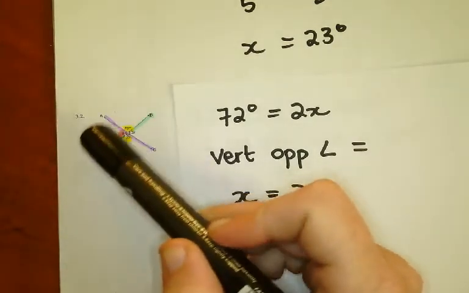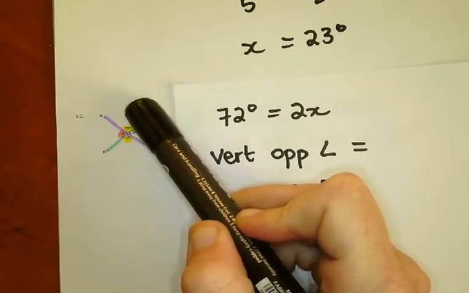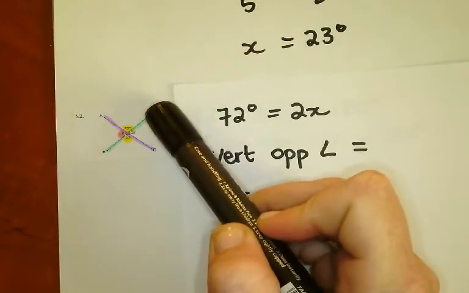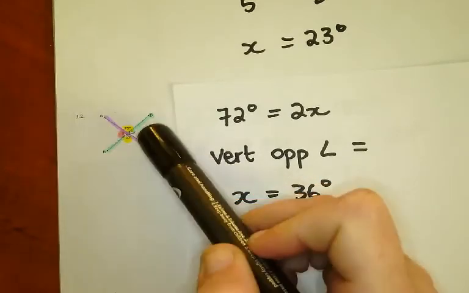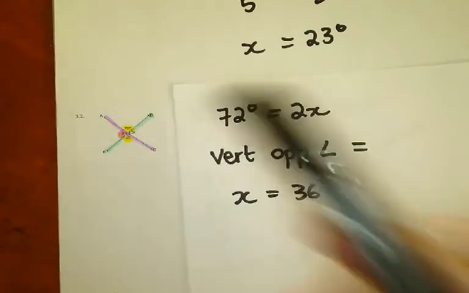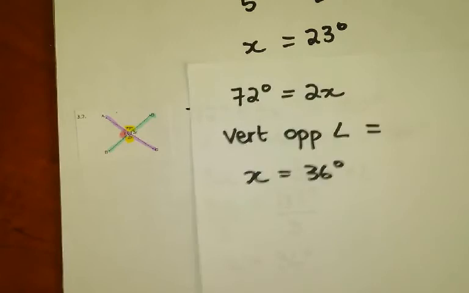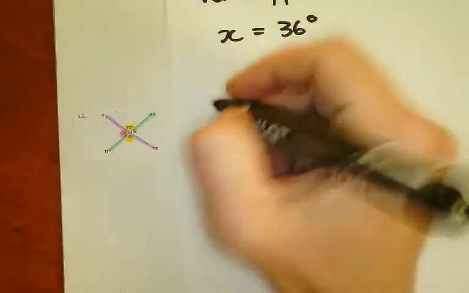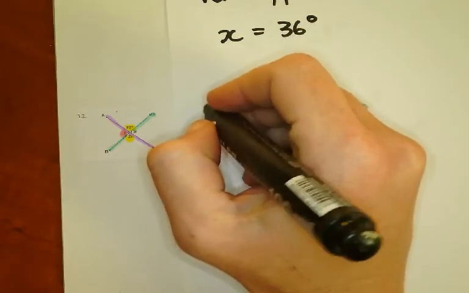We can say y plus 72 equals 180 because they're on straight line BD. Or y and 3x are vertically opposite, so those two are equal. So guys, can you see that you often have more than one option? This is especially true in geometry. Don't panic. Pick the one that works the best for you. I am going to do all three.